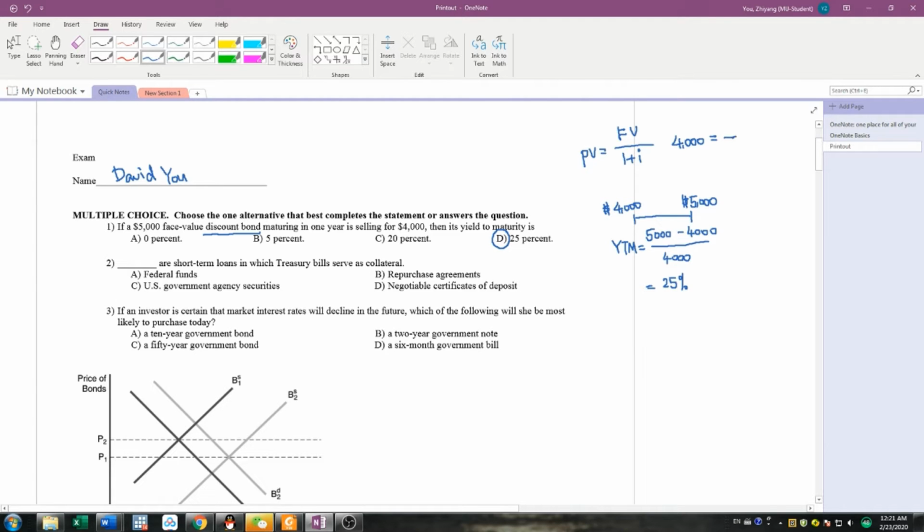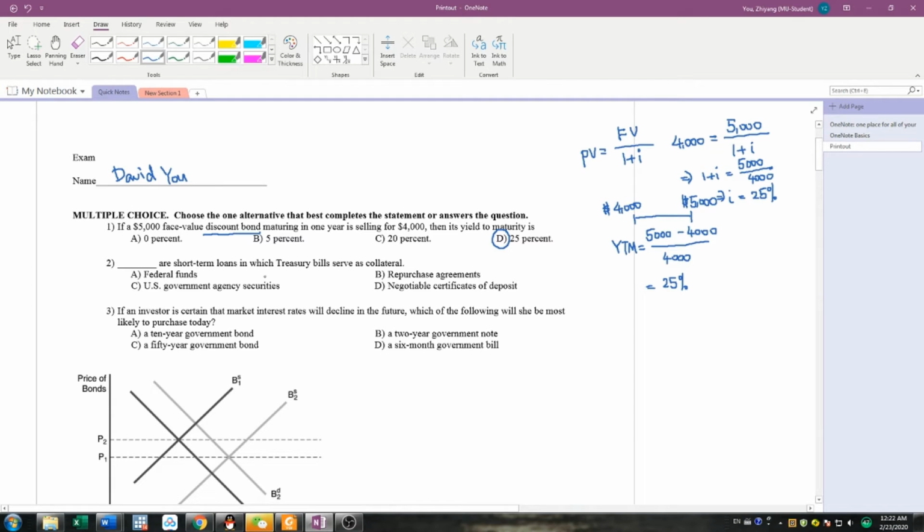All right, that should equal the future value of 5,000 over 1 plus i. As you notice, I can put 1 plus i to the left, and the right-hand side becomes 5,000 divided by 4,000. Okay, which eventually gives you the same thing over here as i equals 25%.